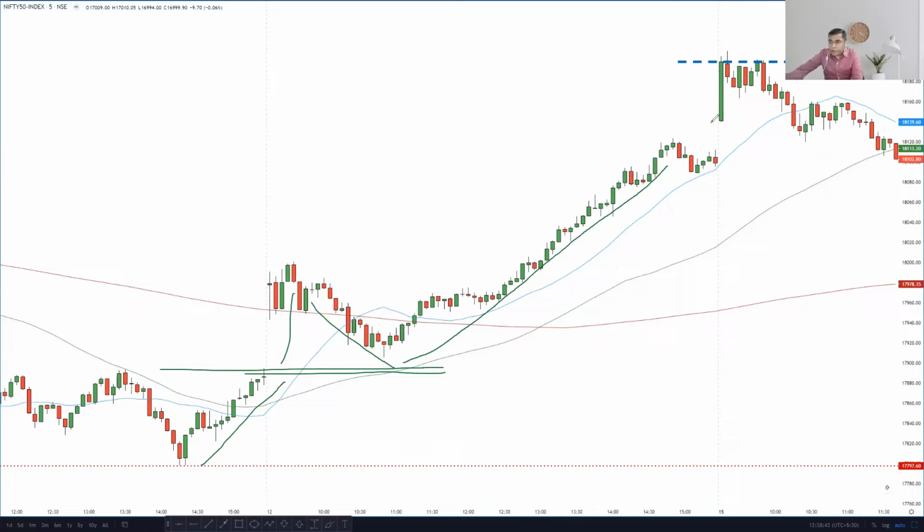Most of the time when you have a gap up after already a strong rally, this gap up would definitely get sold into, and sellers will step in and take the prices to the downside, because all those buyers who have entered around these lower levels would definitely jump off this trade as soon as they see the first sign of weakness, right?